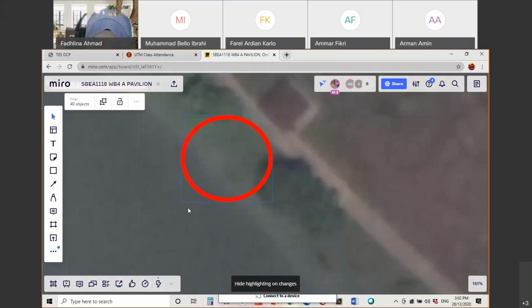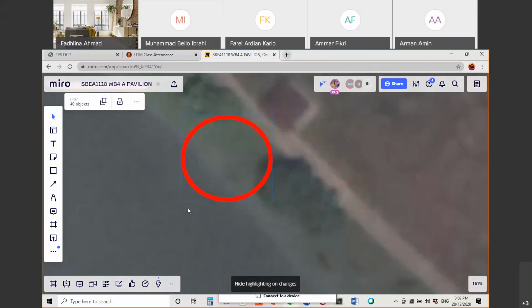I think no, because I decided to put part of the pavilion on the water so that visitors can view the lake, something like that.